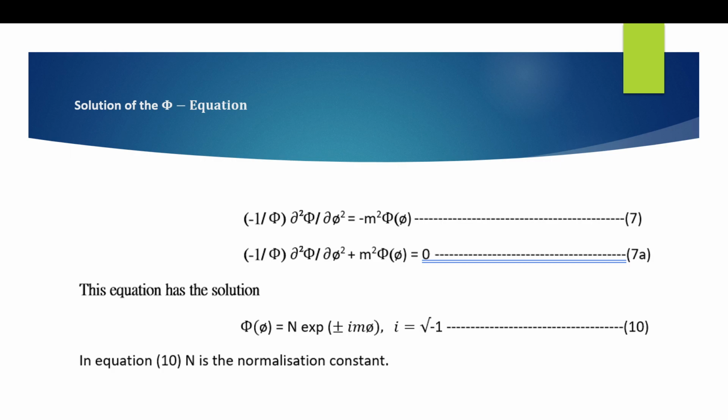Solution of the phi equation. On solving the phi equation yields equation 10, in which n is the normalization constant. Now we need to evaluate this normalization constant. That is a very important step.